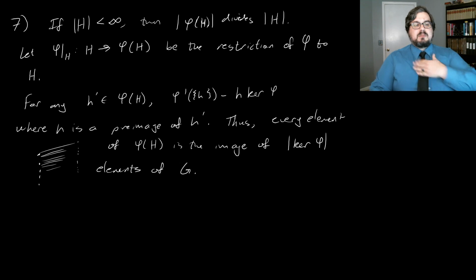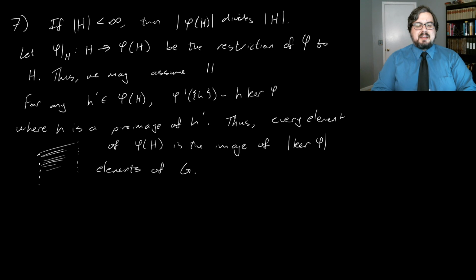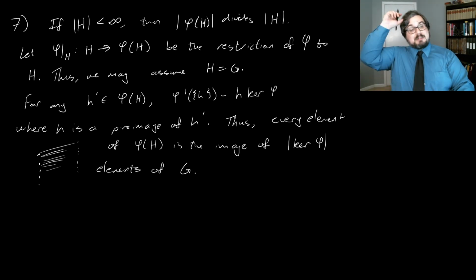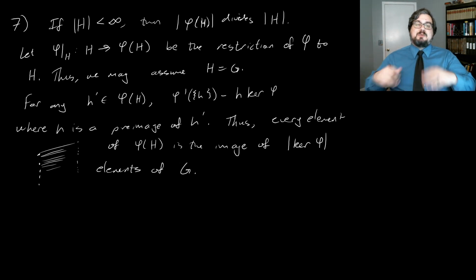And so now, thus, we may assume, in fact, that H is equal to G. By restricting down to only consider H, we can reduce to the case where H is in fact all of G, and we're just looking at not a subgroup, but a group itself.